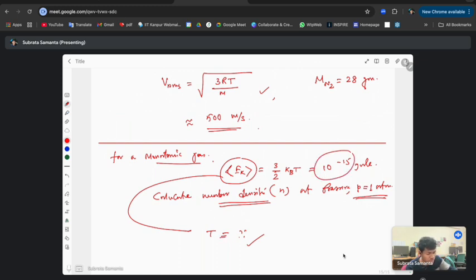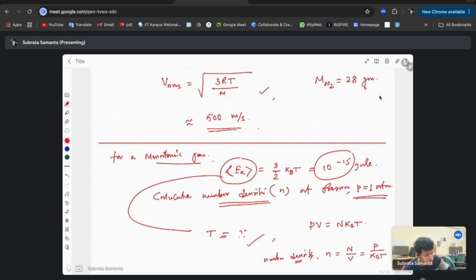Once you know the temperature, PV equals N kBT, and the number density small n equals N by V, which is P over kBT.